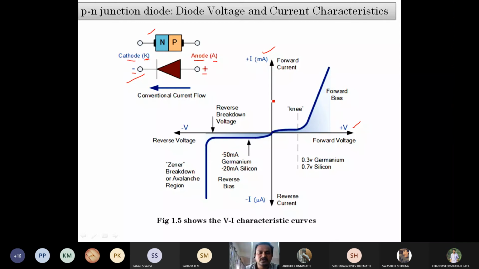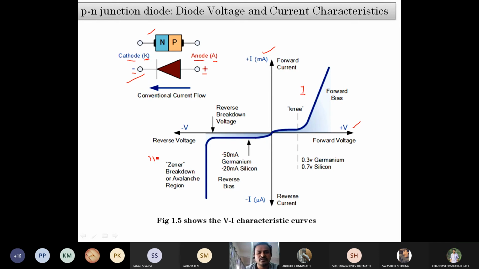Okay, so with respect to the behavior of this diode, we have different labels for respective voltages and currents. You can observe here the complete performance, the behavior of this diode in the graph. It lies only in two quadrants, the first quadrant and the third quadrant.